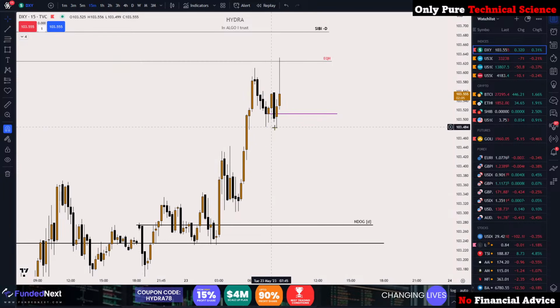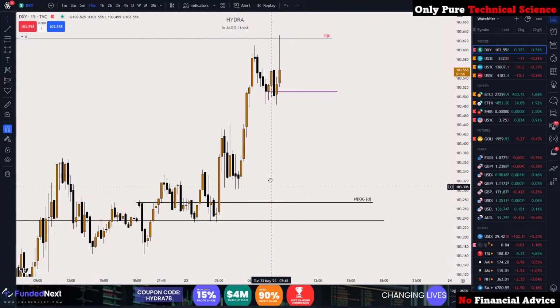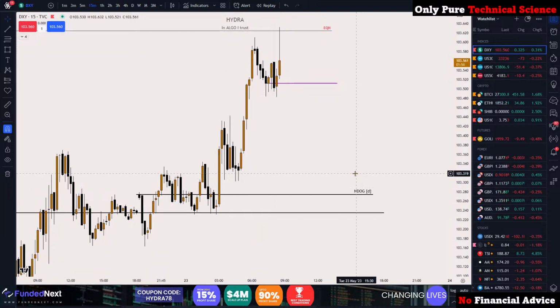and we have target relative equal lows here, low 50-minute unfilled fair value gap, unfilled fair value gap lows. And I'm expecting to see price revisiting this new day opening gap.